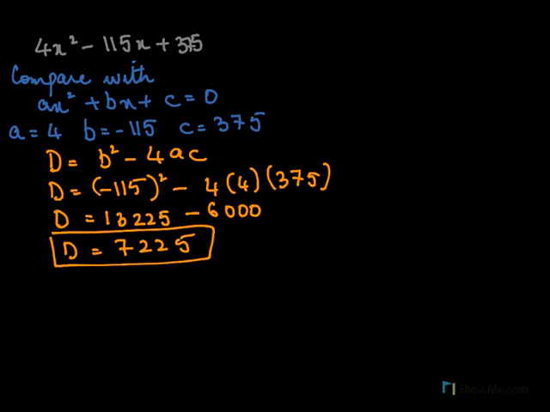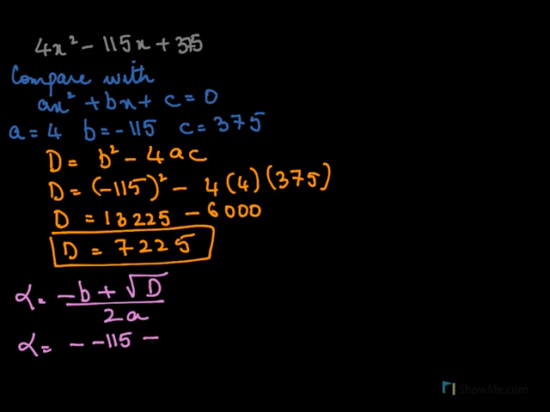Now we go ahead and find out alpha and beta. You know alpha is minus B plus root D over 2A. So minus of minus 115 is plus 115 plus under root 7225, over 2A, 2 into 4.